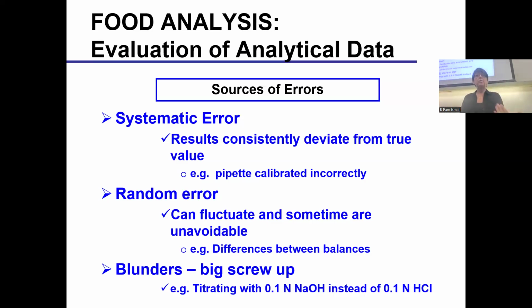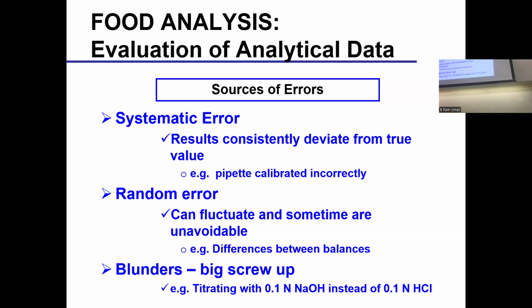spectrophotometer. Another error that is very common is the analytical balance is off. It needs calibration. Or a mechanical pipette, that happens more often than not, that you're working with a mechanical pipette and it deviates from what it's supposed to be dispensing.